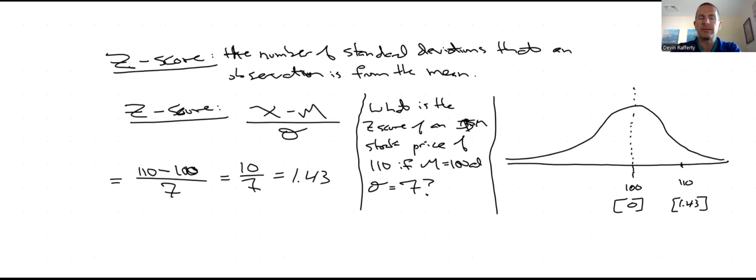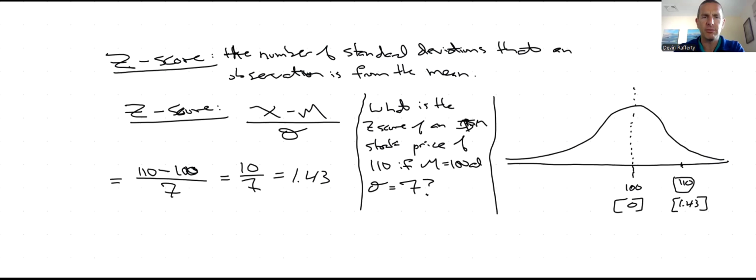We don't know. So what that tells me, 1.43 is the number of standard deviations an observation is from the mean. So in other words, this stock price of 110 is exactly 1.43 standard deviations above what is normal.